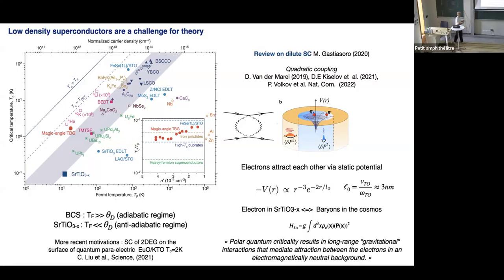He said that this is like baryons in the cosmos. And the reason is because the interaction couples the density of electrons with the density of energy. So for me, it was not completely comfortable, but maybe here there is a kind of connection between high energy physics and condensed matter physics.